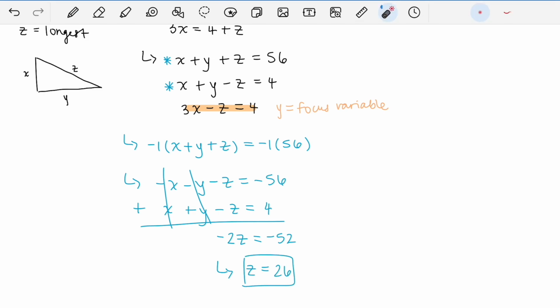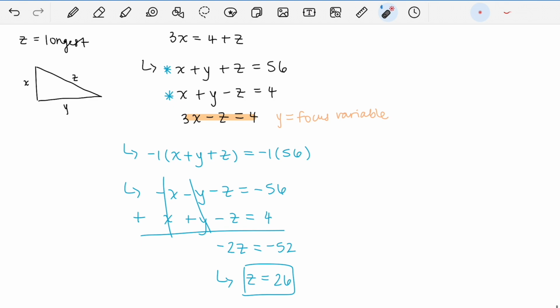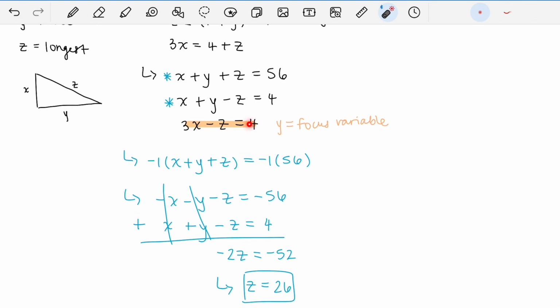Now, usually when using this method, we would end up with another equation that doesn't have the variable y. We could use that equation along with this one to solve for one of the other variables. But in this case, we actually just ended up with one of the unknown values. So we don't have to do the next step in that process where we work with 2 equations and 2 unknowns to find the unknown values.